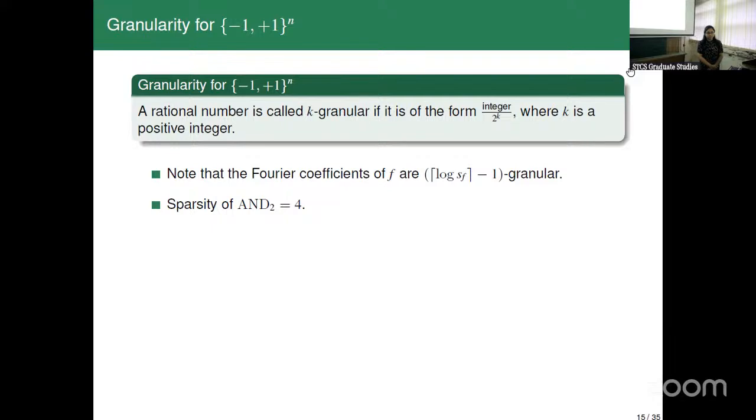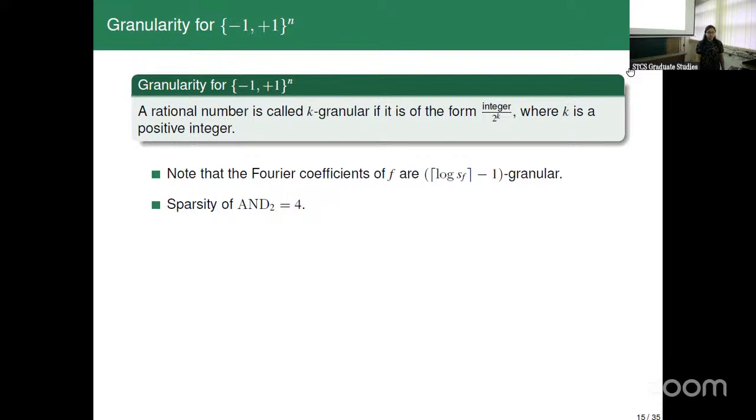Is it not true that every coefficient has the denominator a power of 2? Yes, because the Fourier coefficients are an expectation, by the Fourier formula. And the previous theorem says that if you have sparsity s, every Fourier coefficient is a multiple of 1 over s, which means that s has to be a power of 2.